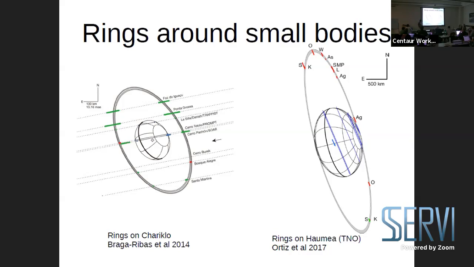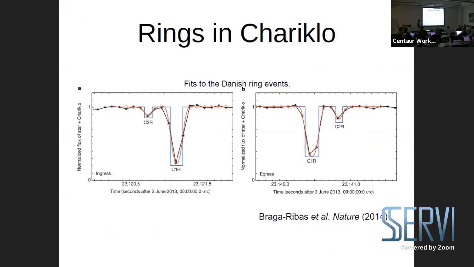The main difference between the rings of these objects and those of the giant planets is that the central object is not axisymmetric in its potential. So there is a fundamental question there, which I will mention more about later.